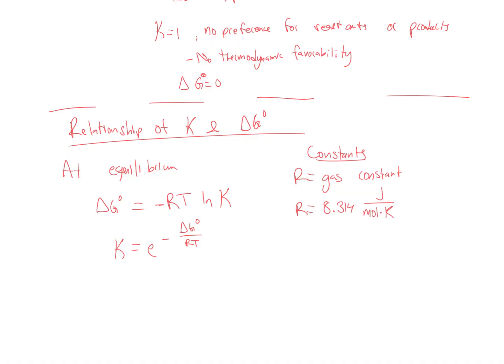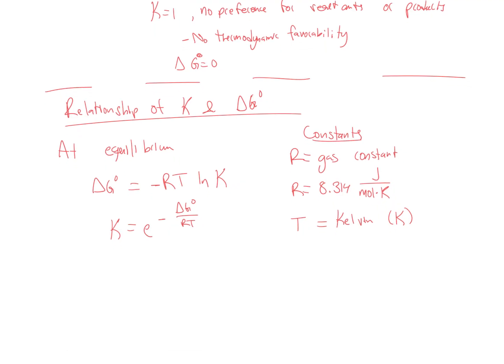It's really important that you use this gas constant because then all of the terms will actually make sense. This is the gas constant in relation to energy and not in relation to pressure. T is in Kelvin, or K. So your temperature has to be in Kelvin. You cannot use degrees Celsius.